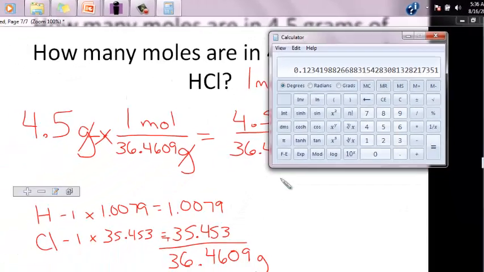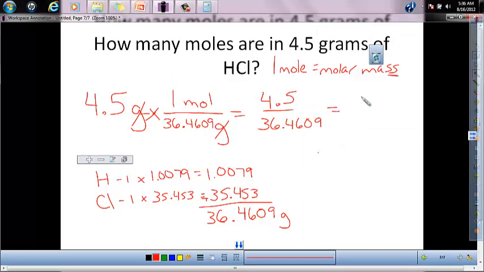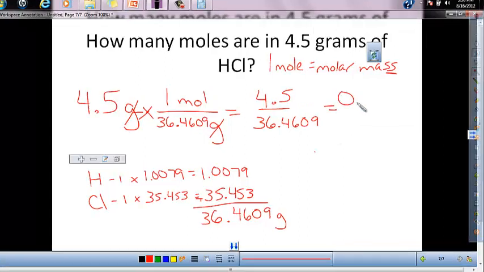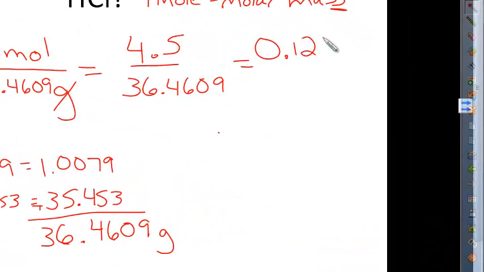Alright, I got 0.123. Now your unit's moles, right? Alright, now sig figs. 4.5, that's 2 sig figs. Here's your first 2 significant. That 3 won't make that 2 round up, so we can just drop that off the end. So 0.12 moles.